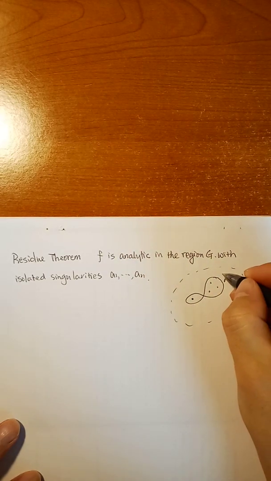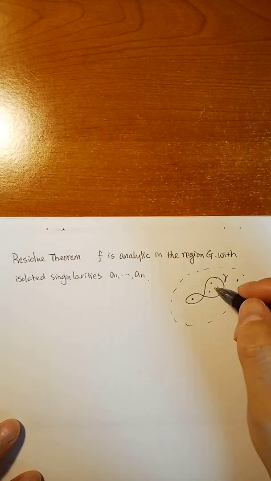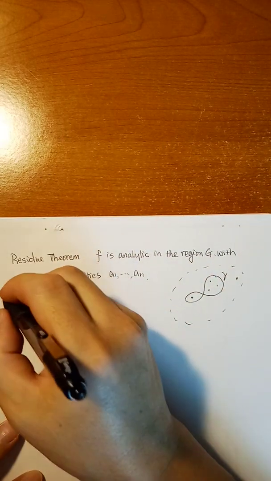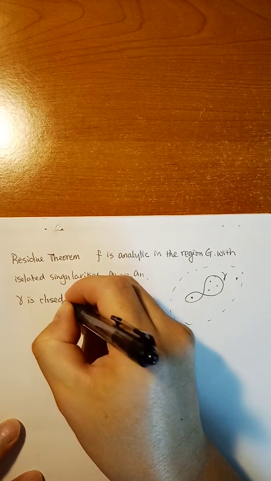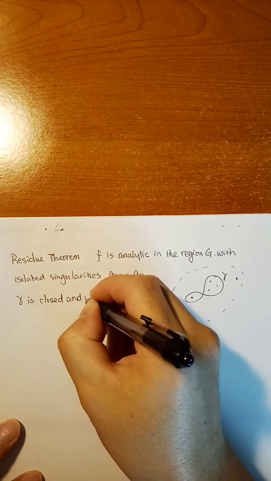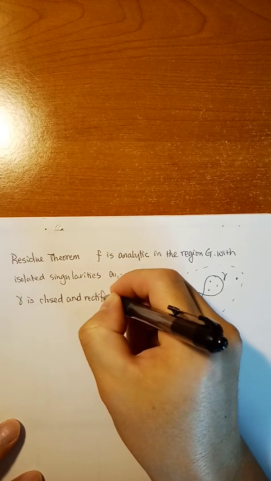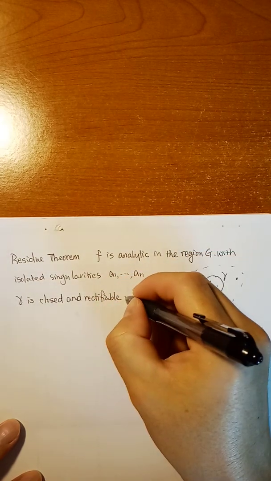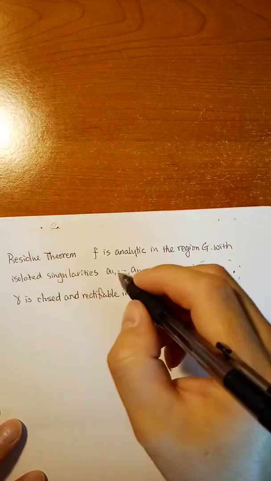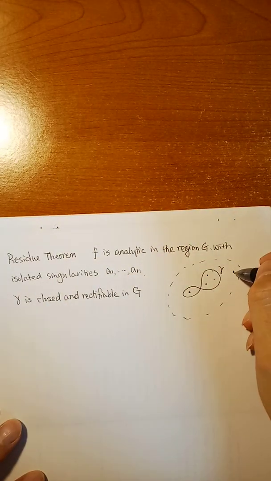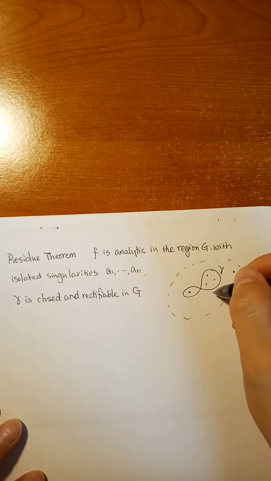Okay, and you have a gamma. This closed rectifiable curve gamma is homologous to 0, and also does not pass through those singularities.